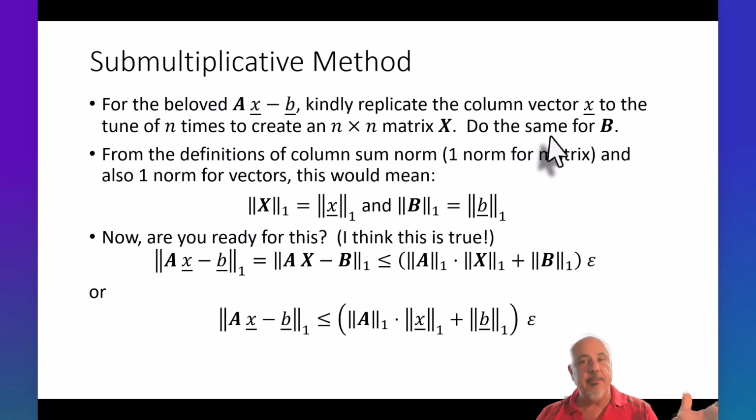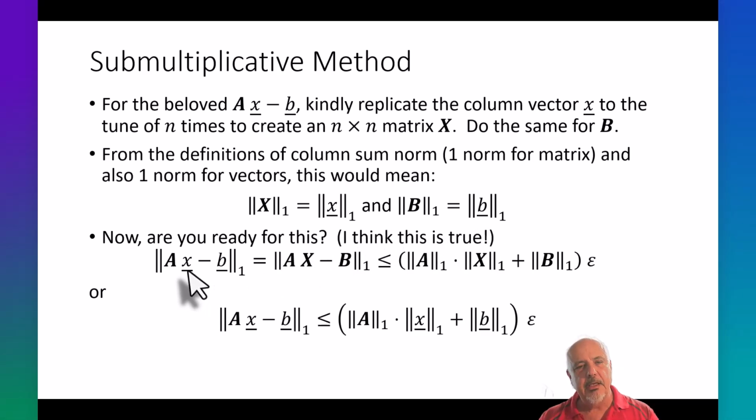And I'd do the same thing for b. I would have an n by n b matrix, which is just the b column replicated n times. So the one norm of the b matrix, the max column sum, is going to be equal to the one norm of the b vector.